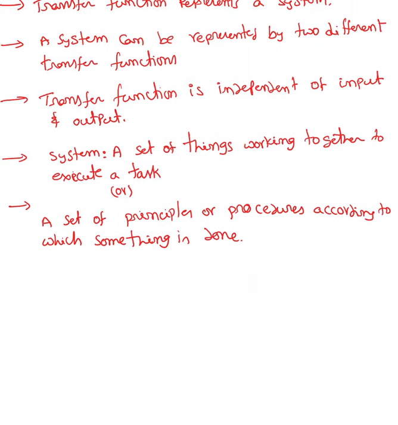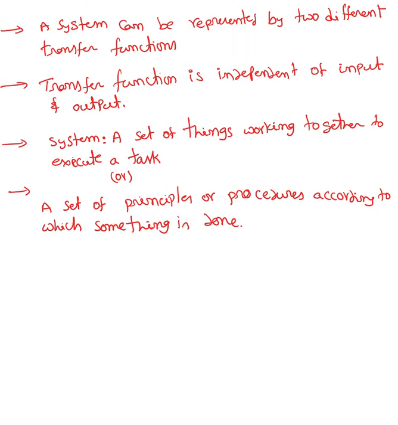So a transfer function represents a system. Here is a simple example. Here is a car. This car can have more than one set of state variables, or more than one transfer function. I'll talk about state variables in the next video, but let me talk about transfer function. This is a system, this is a car. My output, I care for mileage, or miles per gallon.